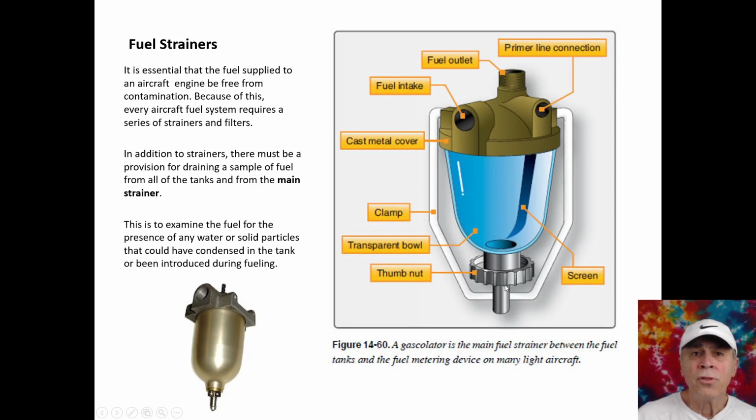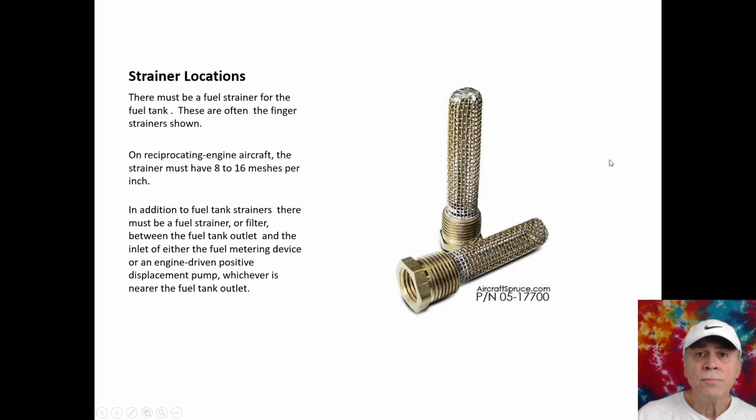After you put the thumb nut back, you safety wire the bottom to the top so that it doesn't rattle open. You can see there's a transparent bowl, there's a screen which could be cleaned or replaced. The fuel comes in, the fuel goes out. The primer is also attached to it.